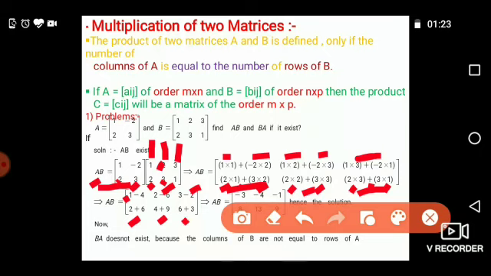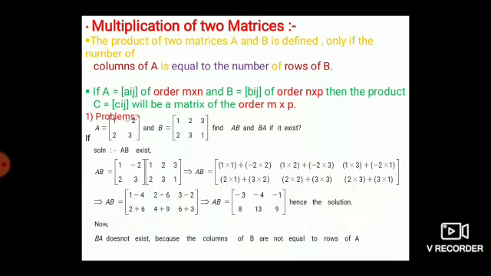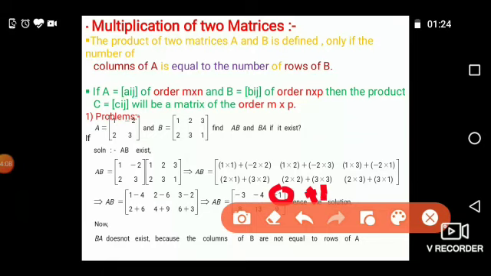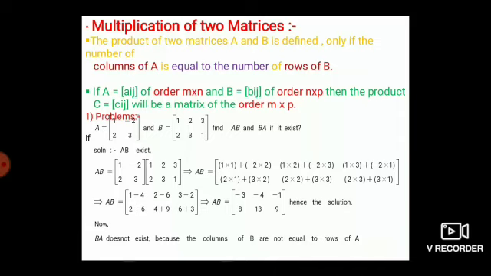Therefore, in the first row we have the elements minus 3, minus 4, and, dear students, plus 1. By mistake it is written minus 1, but the value of this element is plus 1. And the second row elements are 8, 13, 9.